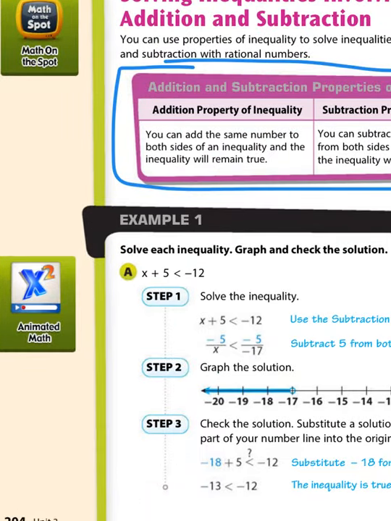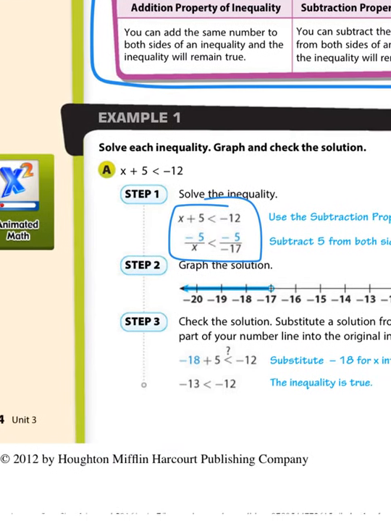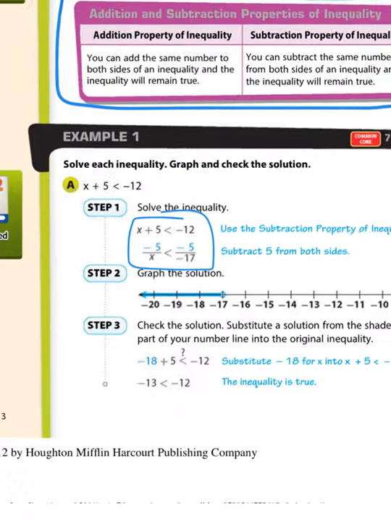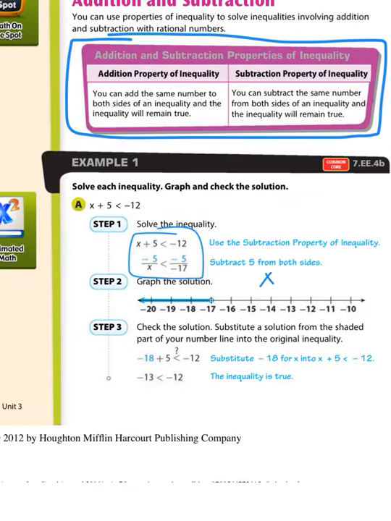All right, which helps us when we're solving for variables. So if I have x plus 5 is less than negative 12, to solve for x, to get x by itself, I need to subtract 5 from both sides. When I subtract 5 from negative 12, we get negative 17. So my answer was x is less than negative 17. And we haven't gone over how to graph these yet.